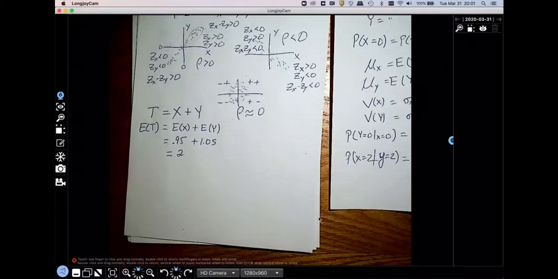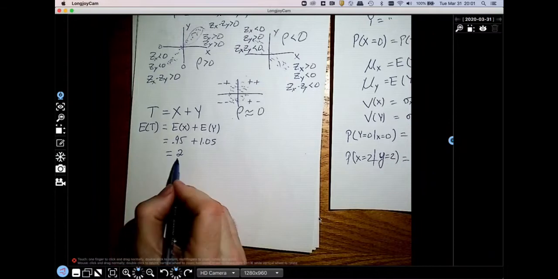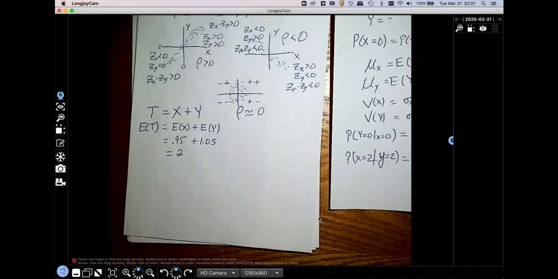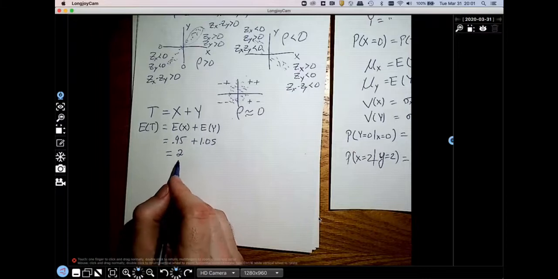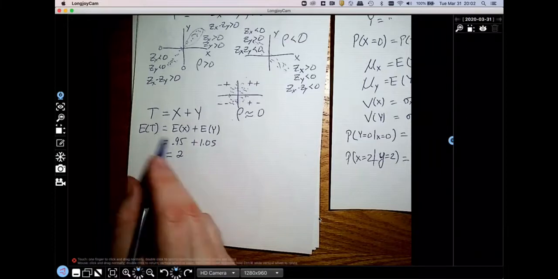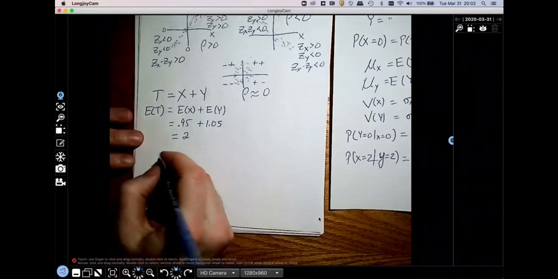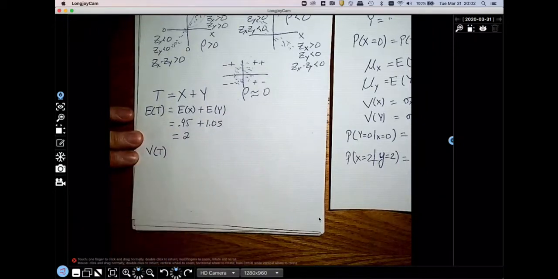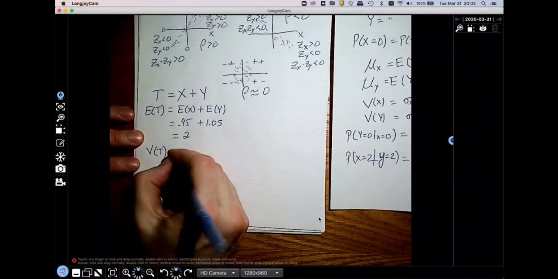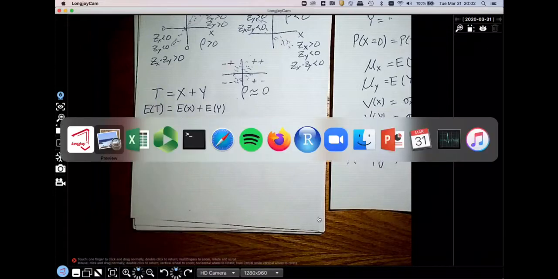Now, another really important question is, how much uncertainty is there with this 2? So what is the typical amount that I would differ from this? In other words, what's the standard deviation or the variance of this? So we can go find the variance of T. Now, how do we find the variance of T? Variances, let's just go back to my course packet for a second.